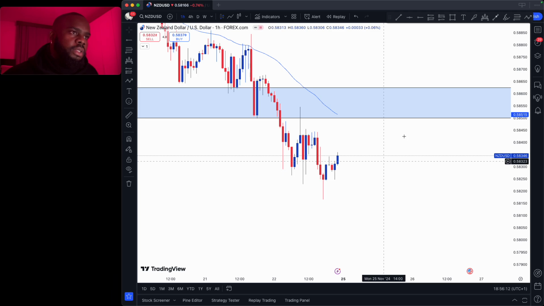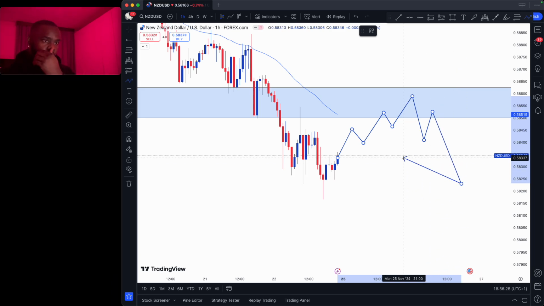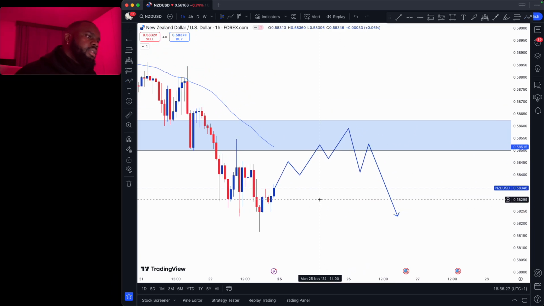What I'll be waiting to see on the 1-hour time frame is something like this. Then I'll take my entry over here, to continue pushing the market to the downside. The NZDUSD is pretty easy. Let's hope it provides the straight setup.